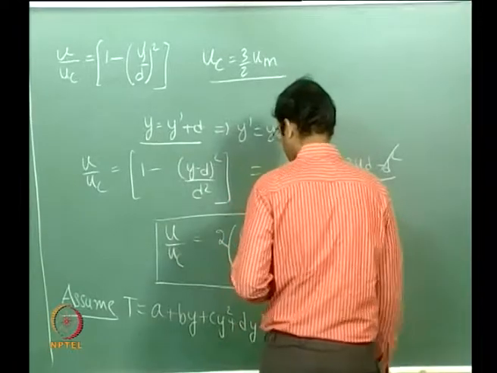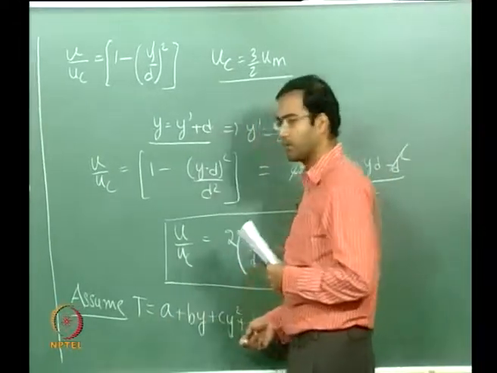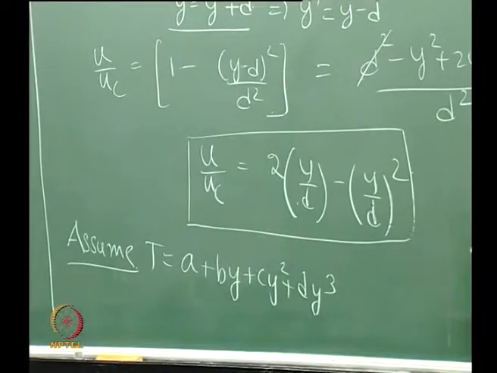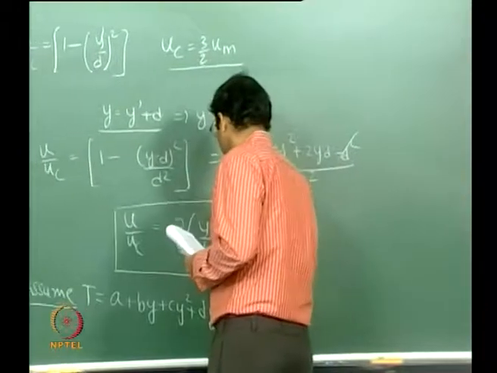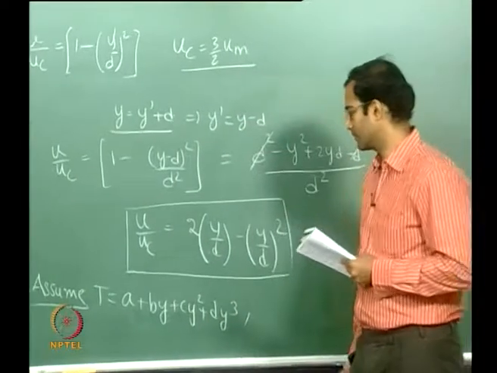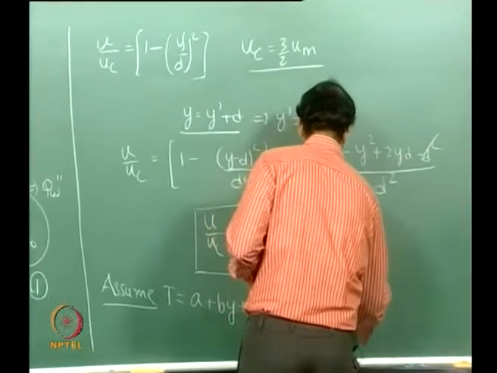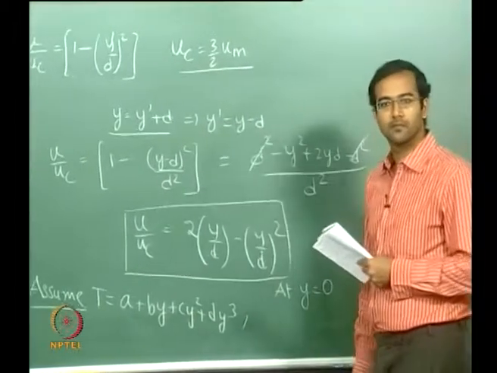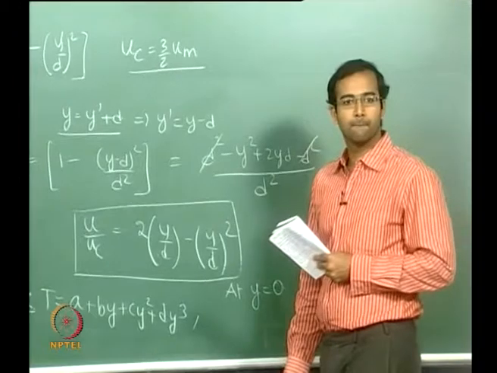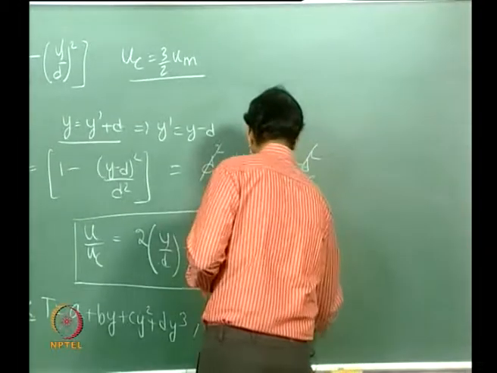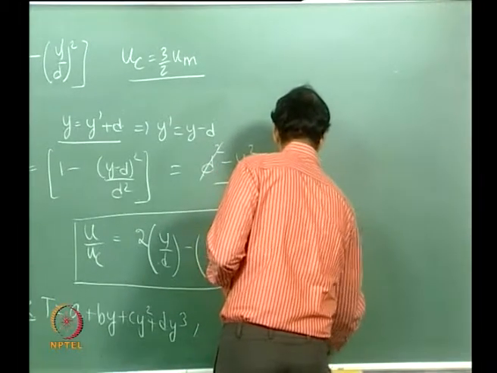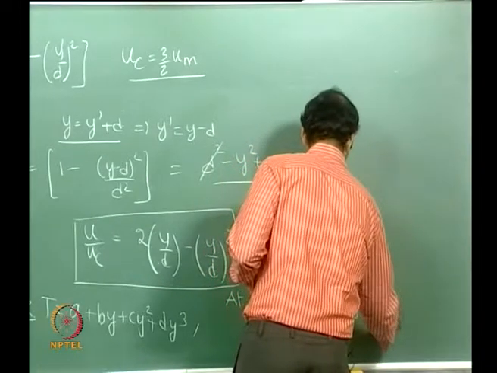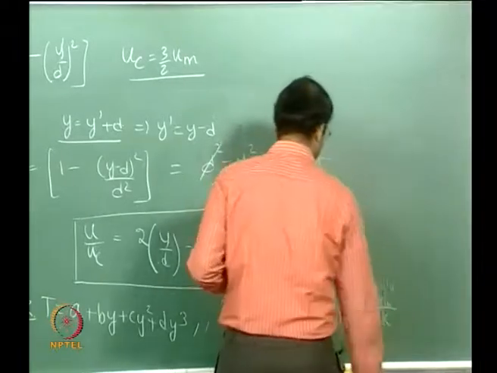Now in order to get the coefficients of the polynomial, how many boundary conditions do we need? 4 boundary conditions. Okay, so what are the boundary conditions? At y equal to 0, dou T by dou y should be equal to minus q wall by k.